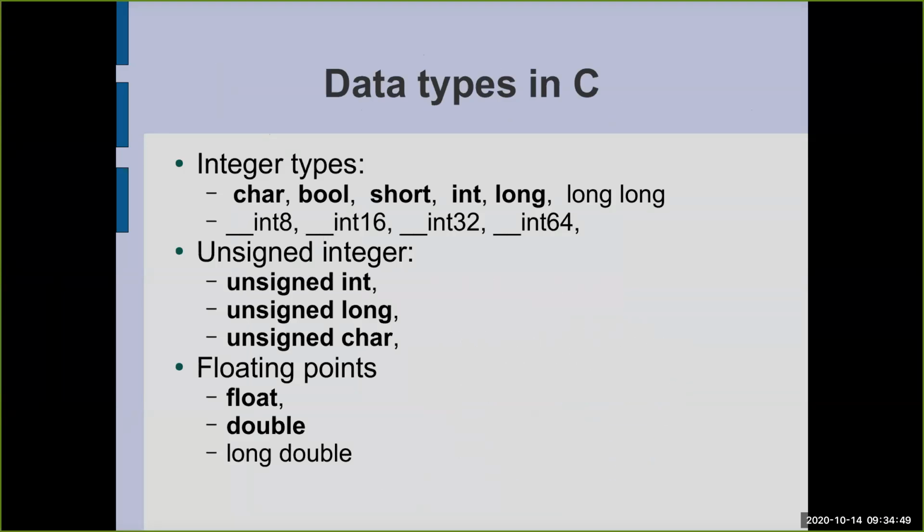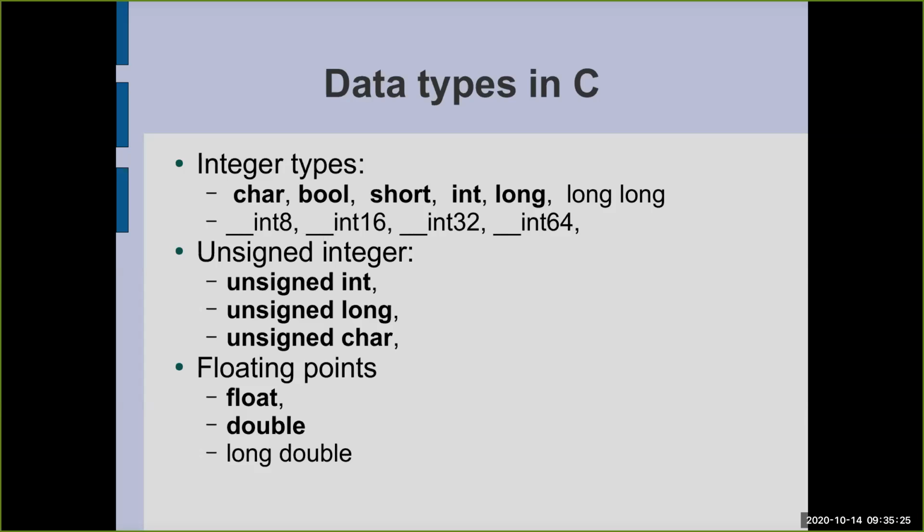I have to remember it in my program, and I need to represent it as a variable. And in C and C++, every variable has to have a type. So I have to define what kind of data will be stored in this variable.